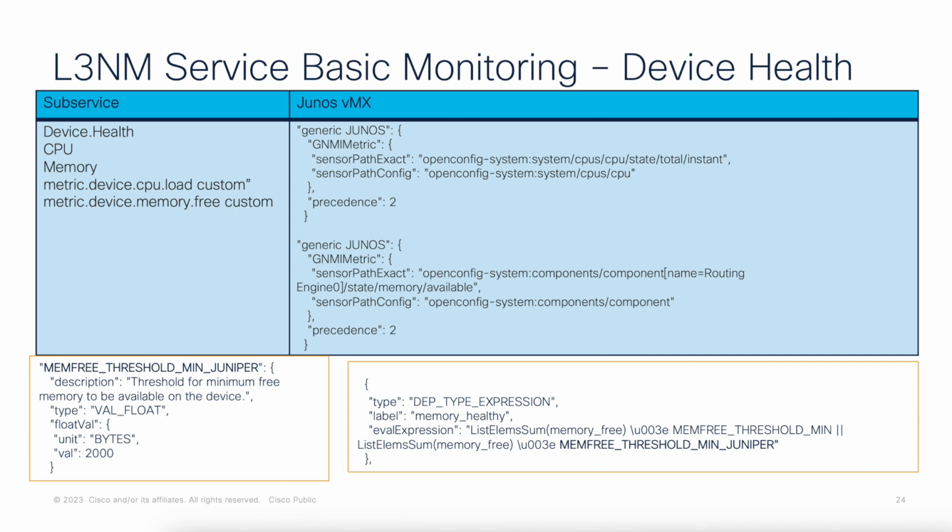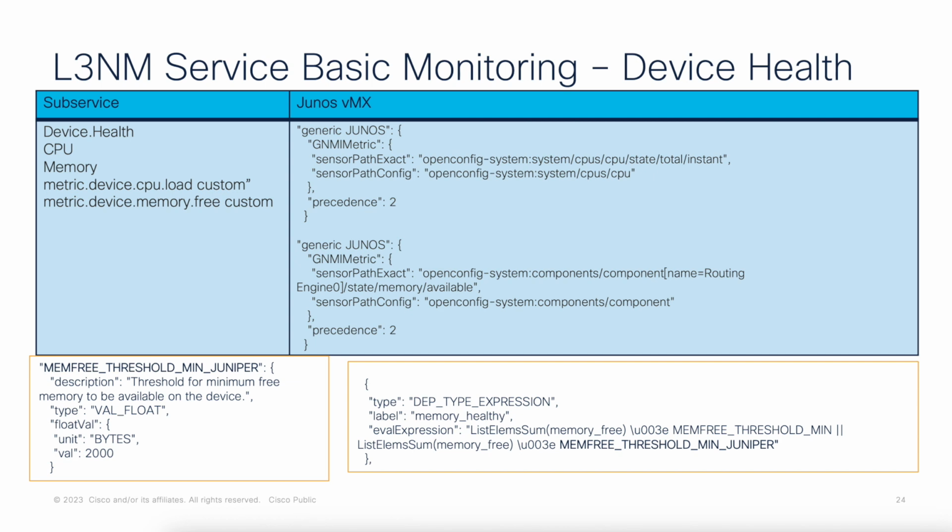And if it's Junos type, then we go and get this OpenConfig system CPU state total instant, and the value that's returned by that is the CPU usage. And then the second one is the components component for routing engine 0, and there's a memory available. Right now, this OpenConfig item will give you the value you want.